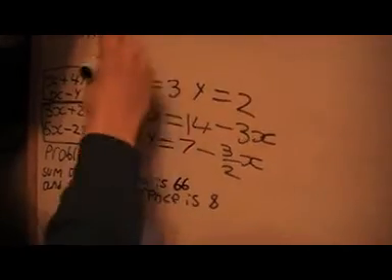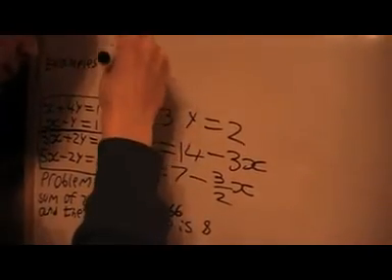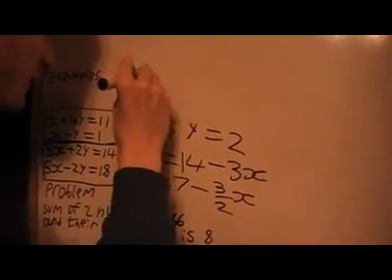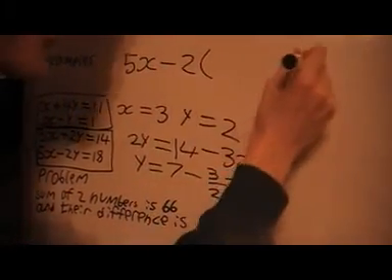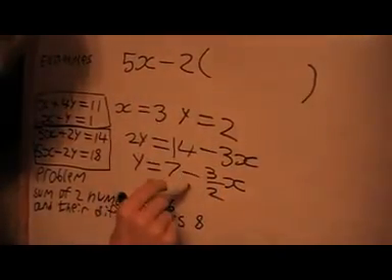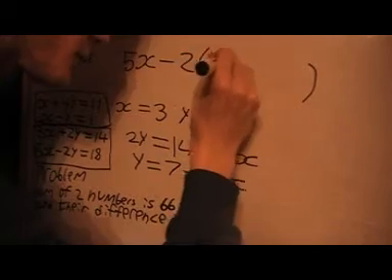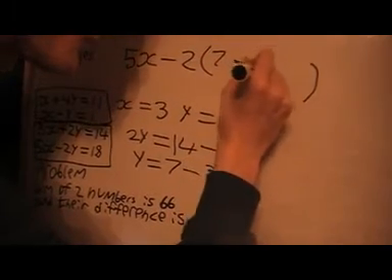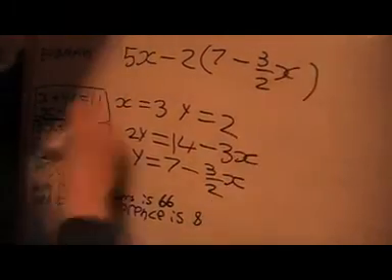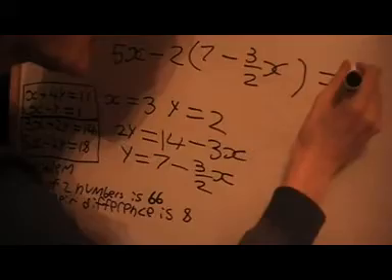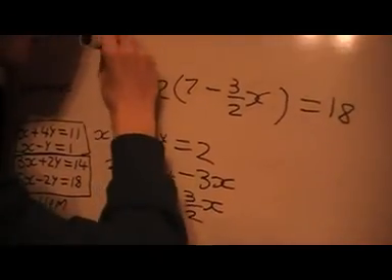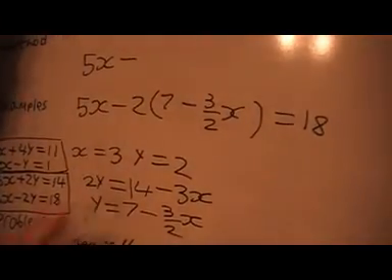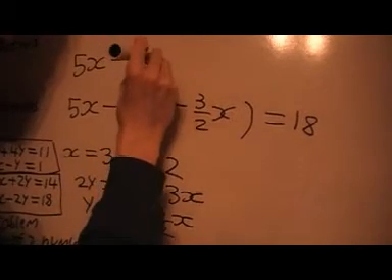So let's say I'll put it up here. So I'm going to have 5x, and I've got minus 2. And then we've got this expression here, because remember this is now y, and then this is equal to 18. Now we're going to simplify this, so we're going to get 5x minus 14.